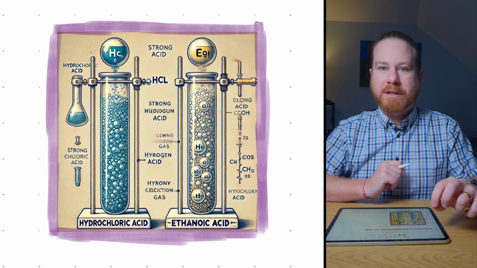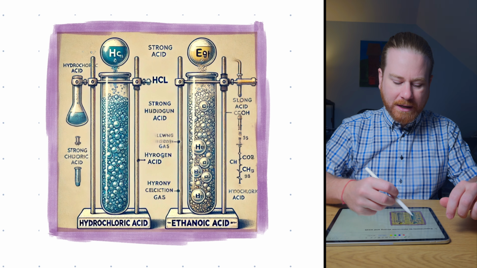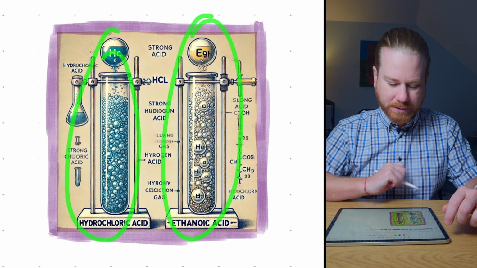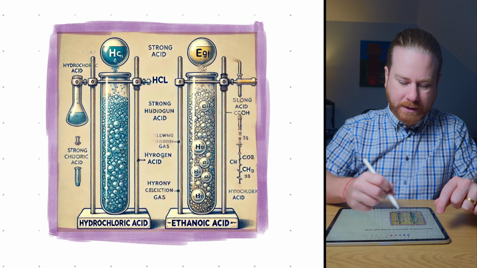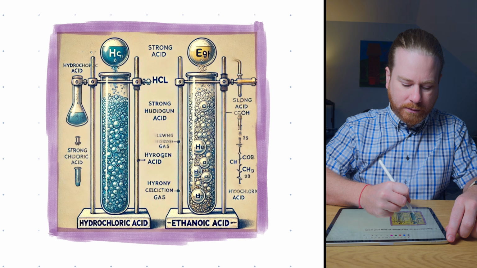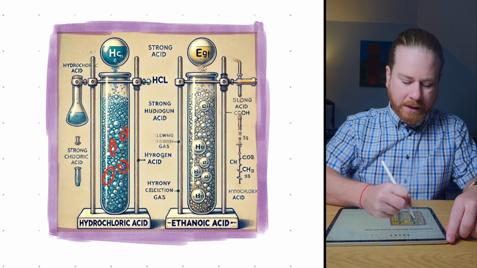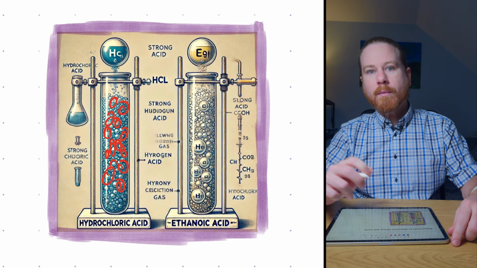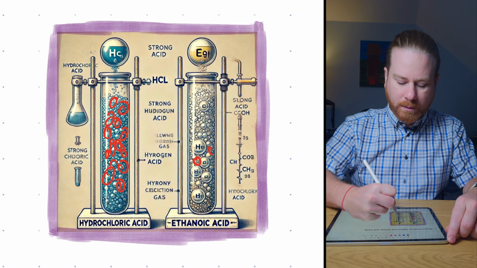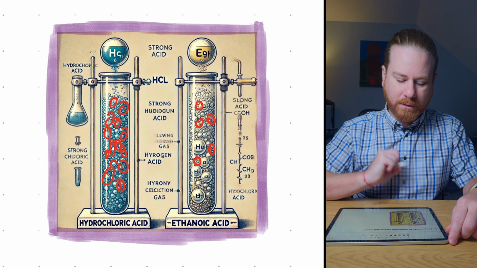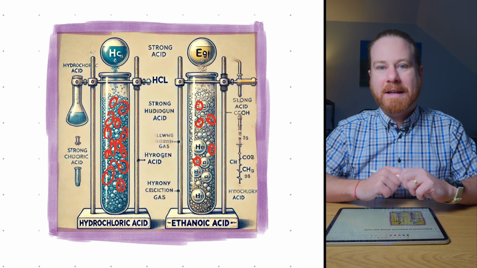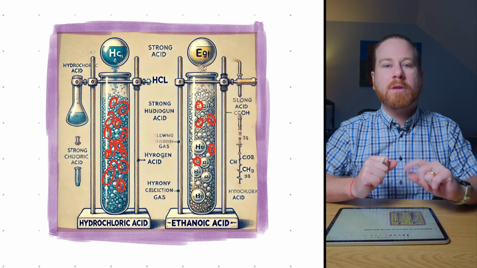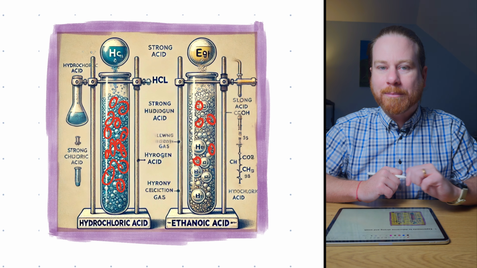So this is them reacting with magnesium, and we need to be comparing the bubbles. So what we should be able to see is that with the strong acid, we're getting lots and lots of bubbles of hydrogen because it is more reactive, whereas with the weak acid, we're getting fewer bubbles of hydrogen because it is less reactive, as we can hopefully clearly see from this beautiful diagram.